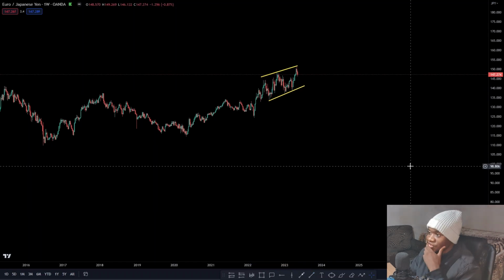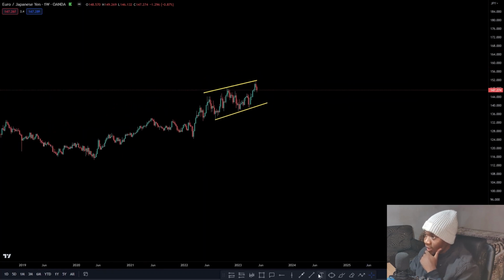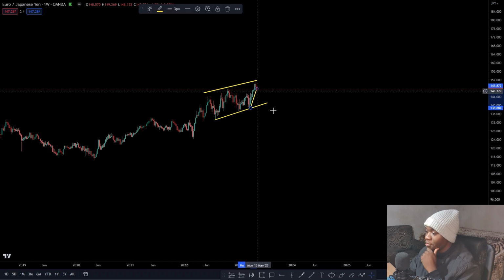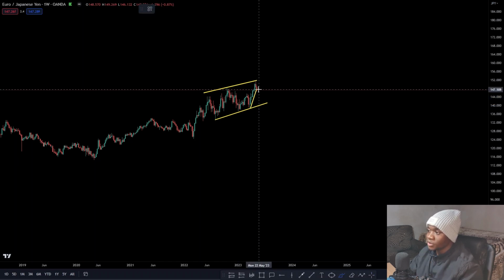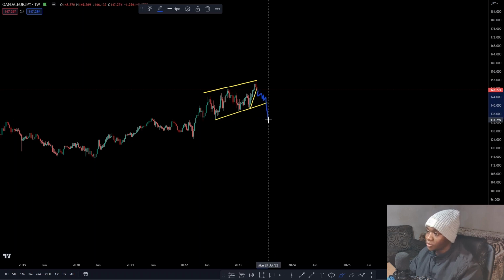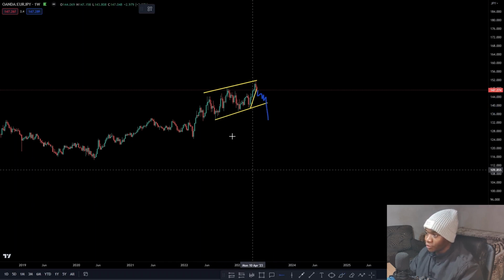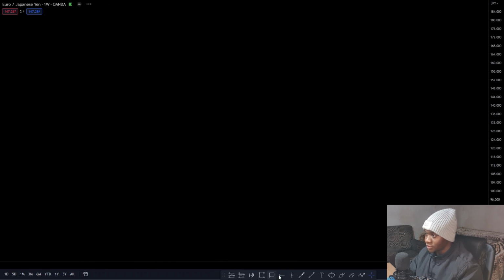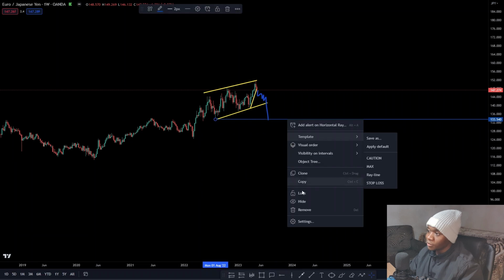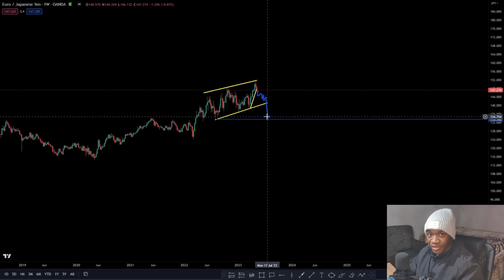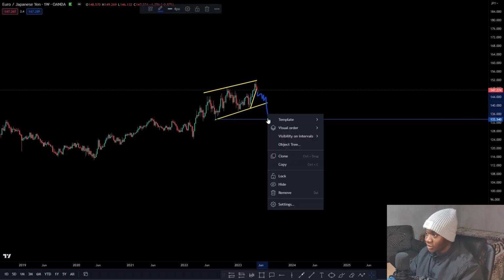It's a 3-touch channel, and I like how price approached the third touch correctively, meaning it opens so many possibilities for price to come down. So definitely I will be looking for those sells coming all the way down till it reaches this zone. So that's important.